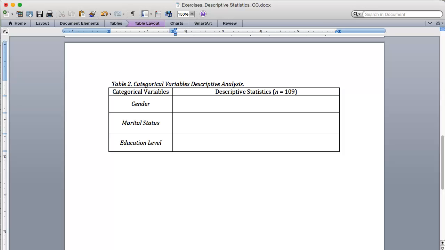So here we have table 2 set up, and we would like some descriptive analysis for these 3 categorical variables: gender, marital status, and education level. So very simply, we could use our Excel tool to create the frequency distribution table, and we could add those results to our report.